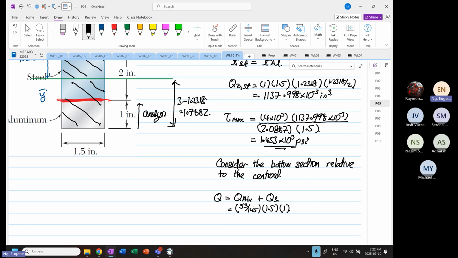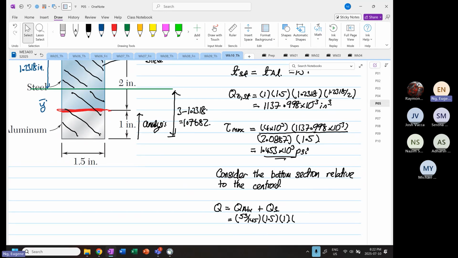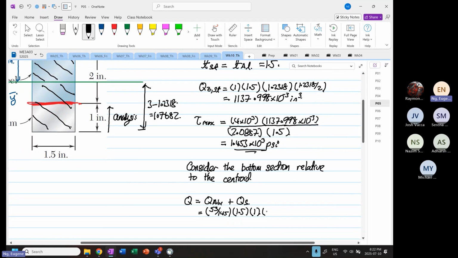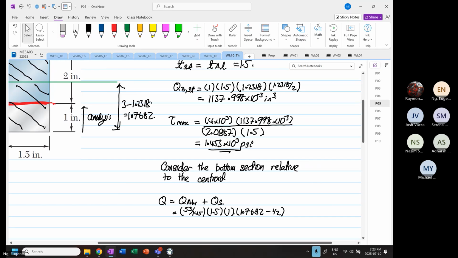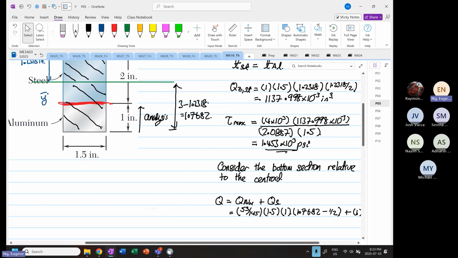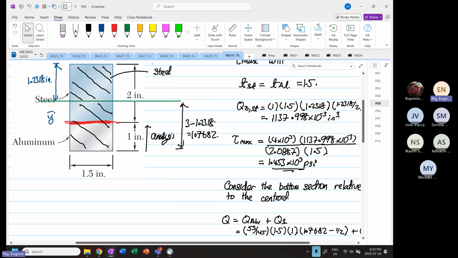And then we have, so we know one extreme. So 1.7682 minus 1 over 2, right? And then we plus 1 times 1.5. Now the depth is equal to what? Wait, 3.